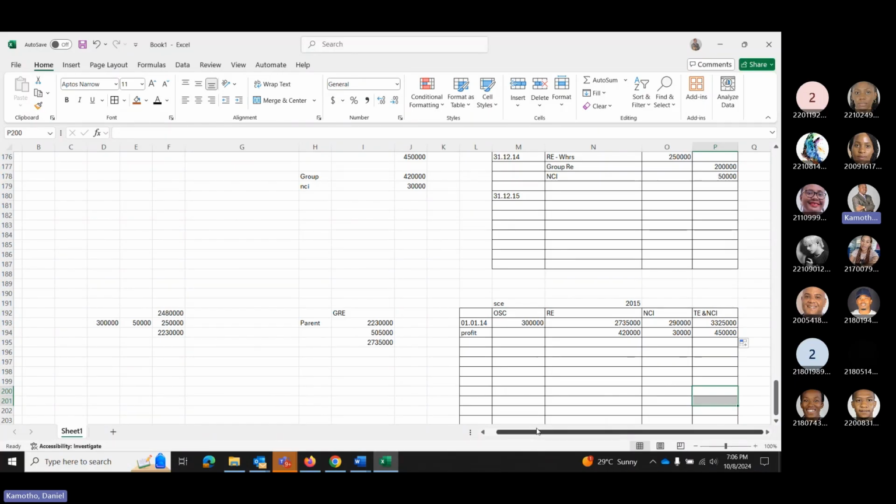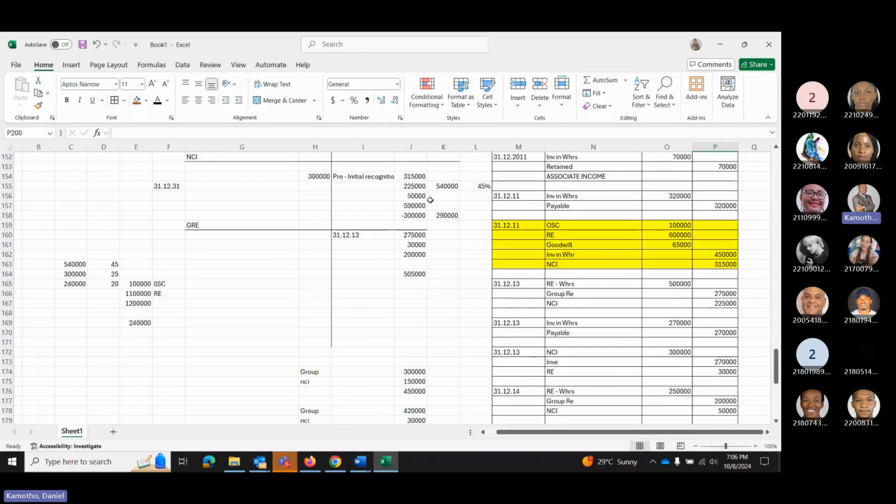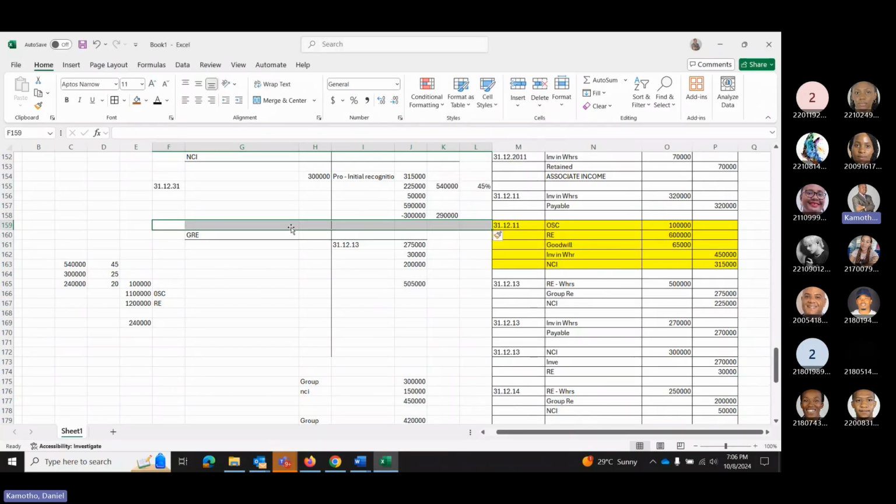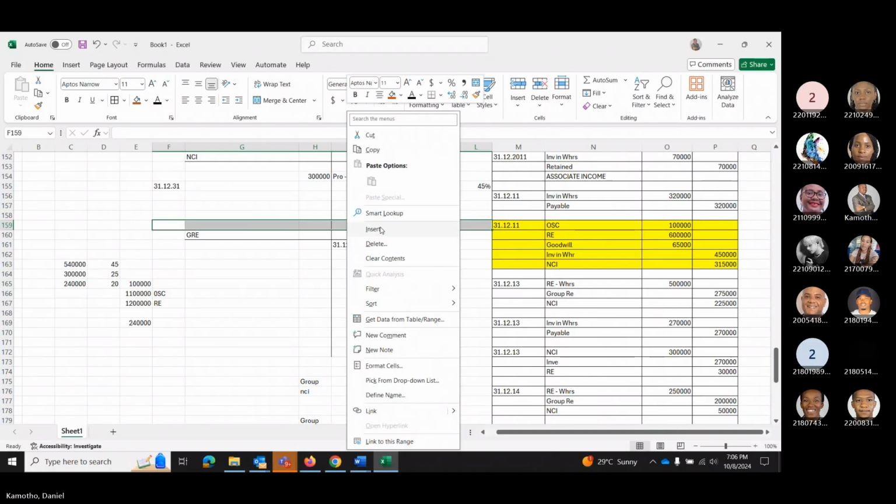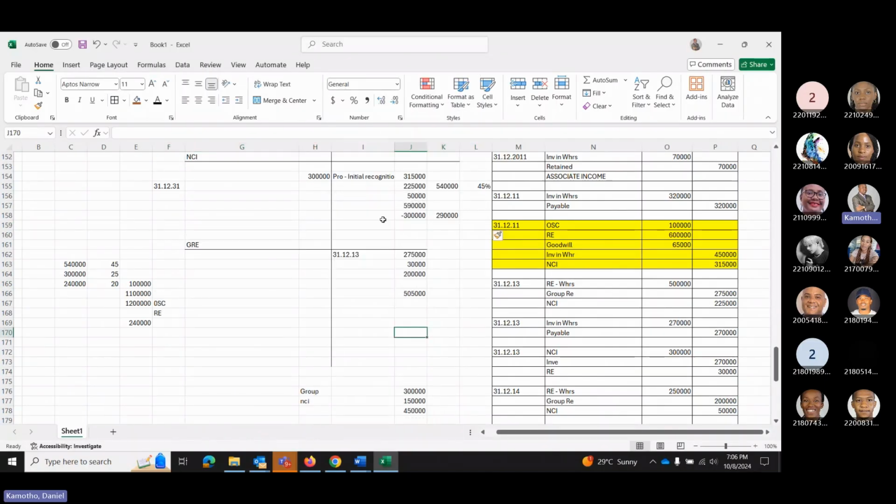That is just before the acquisition. So if we close here, let me add some entry here just to give myself some working space. At this point, I put a line and say the balance in NCI is 290,000.